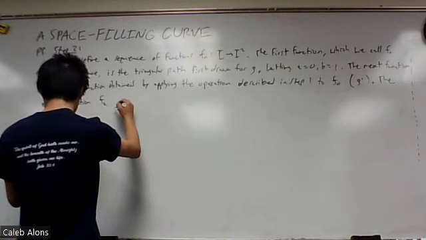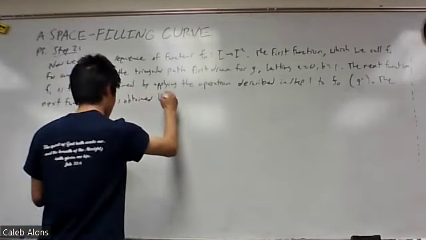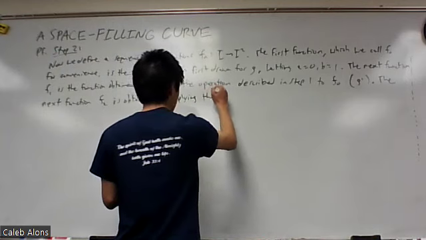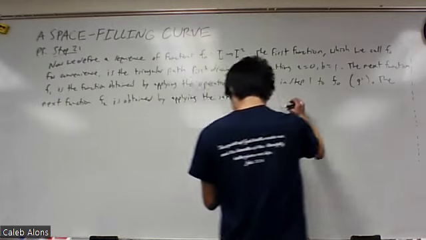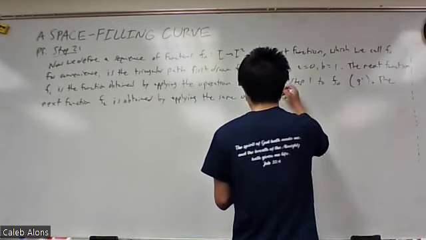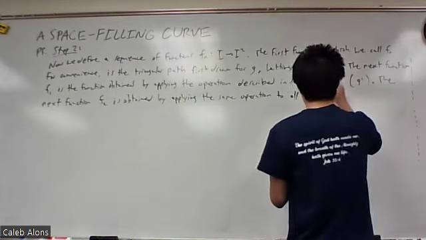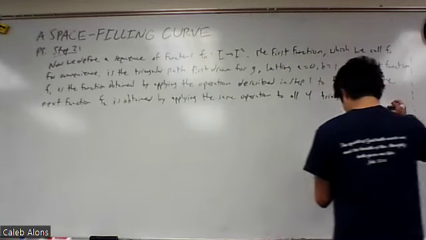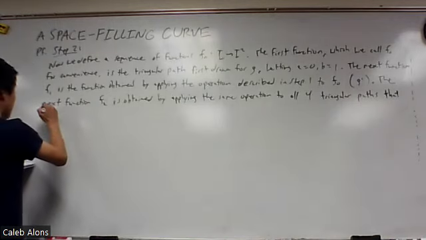Next, function 2 is obtained by applying the same operation to each of the, but then it broke up into four things. So we'll apply that operation, but then for all of the pieces, to all four triangular paths that make up the previous one, which is that one.